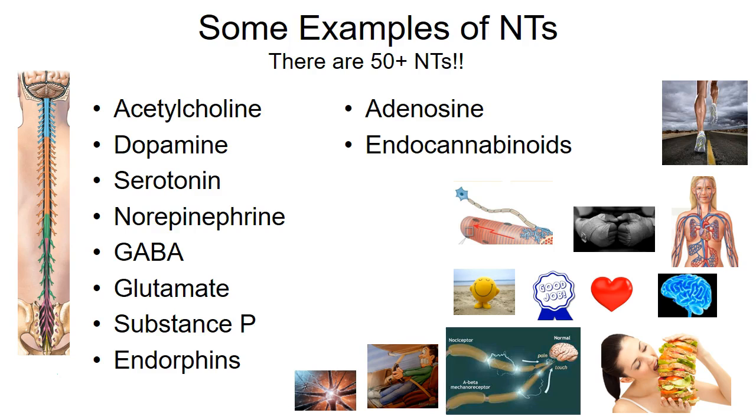So caffeine antagonizes the effects of adenosine. Caffeine will help with staying awake and focus, but it also has cardiovascular effects. Caffeine does a lot of things, but one of the major targets is this adenosine signaling pathway.